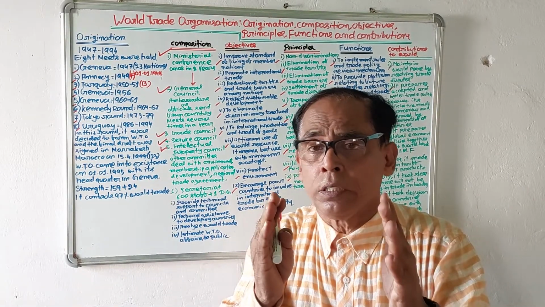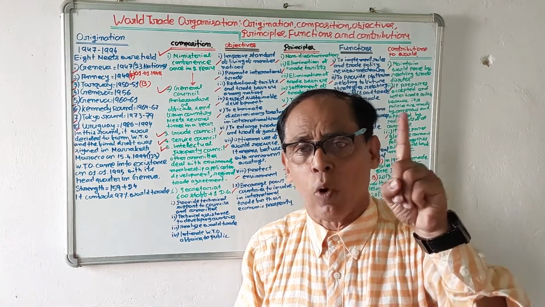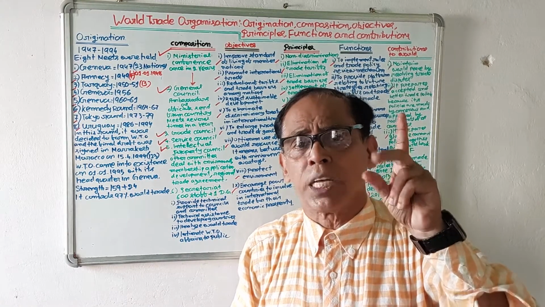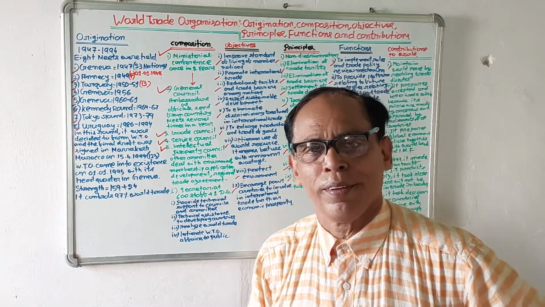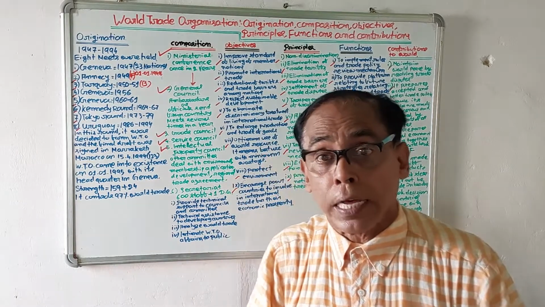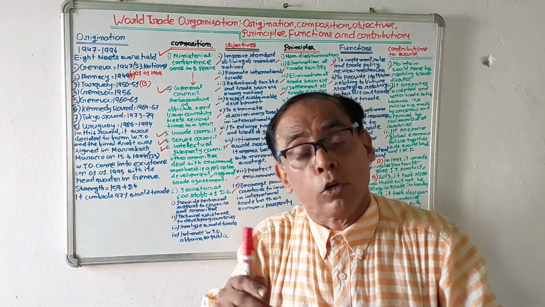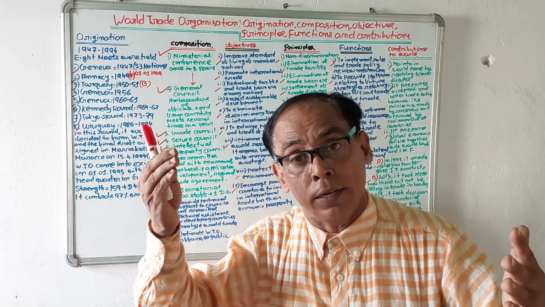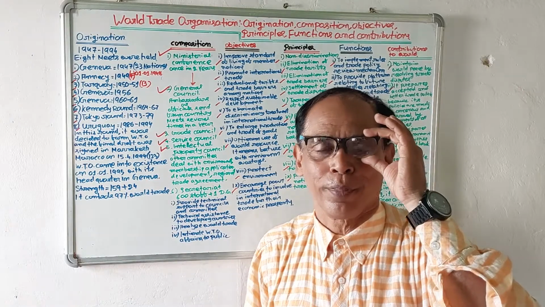But among these, there are 3 major institutions like World Bank, International Monetary Fund, and World Trade Organization. So World Trade Organization is a major organization whose object is to promote economic development of people of the world and economic development of nations of the world.